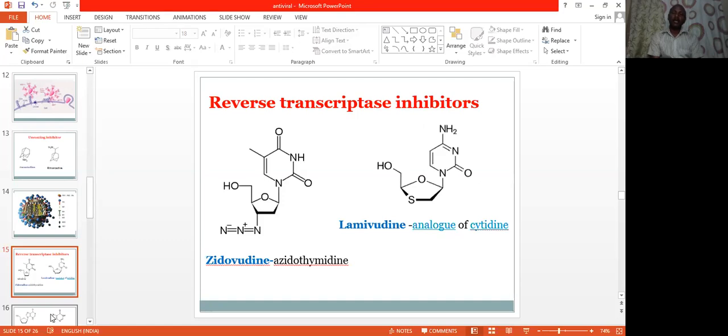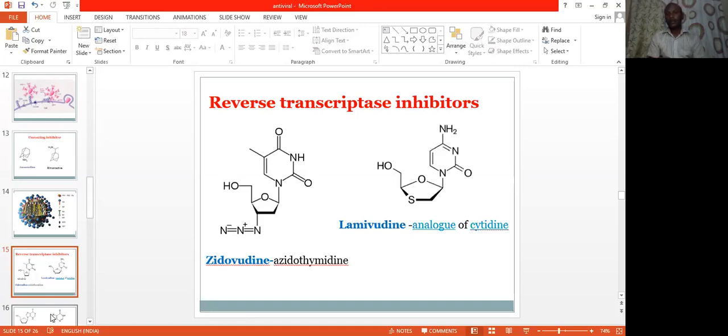So now it will become double stranded. In retrovirus, like the HIV virus, you have only a single strand, that is RNA. Now, using this RNA and the host replication mechanism, the virus synthesizes DNA from RNA.